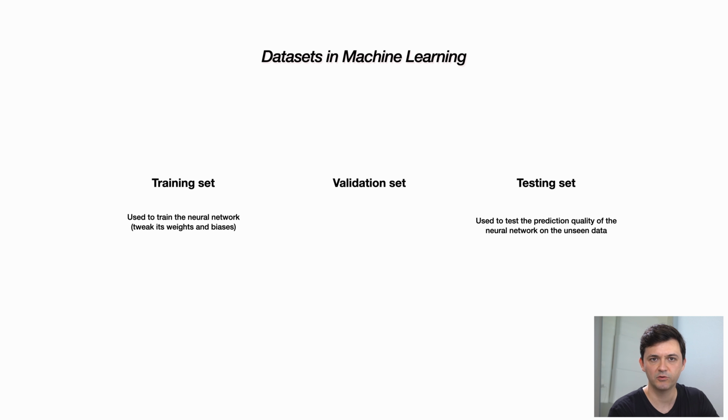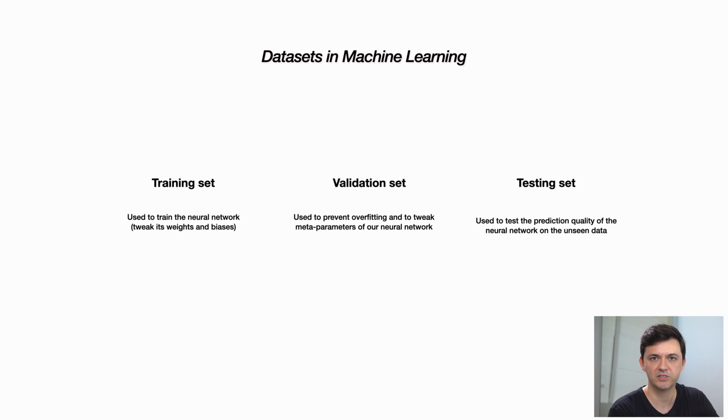This brings us to the validation set. Its primary role is to prevent overfitting and reduce bias. In the process, we start by training our neural network on the training set, but we will check the accuracy on both the training set and on the validation set. And the accuracy on both sets should go hand in hand for some time.